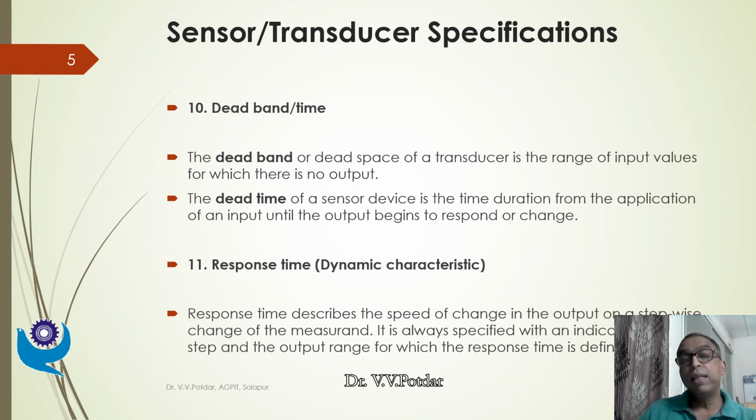Now, for understanding this response time, which is a dynamic characteristic, as I told you earlier, dynamic characteristic corresponds to the parameters which are changing with respect to time. Take the case of a pump.